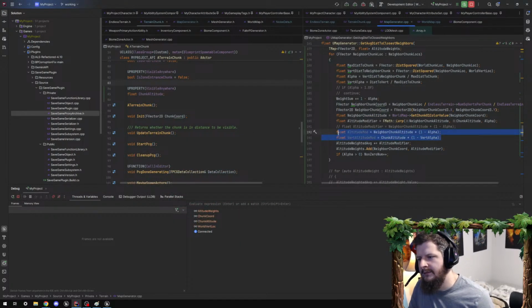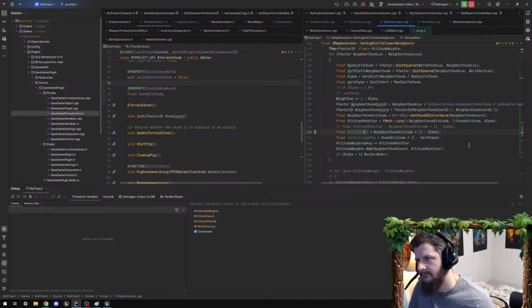Because what I have here that I'm not using is actually the amount of altitude to apply for the vertex, and the altitude.